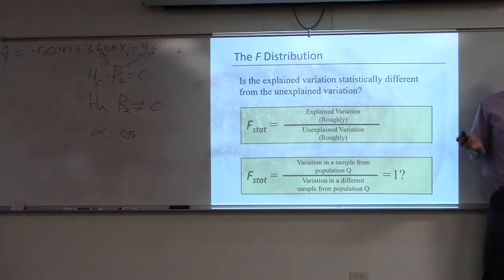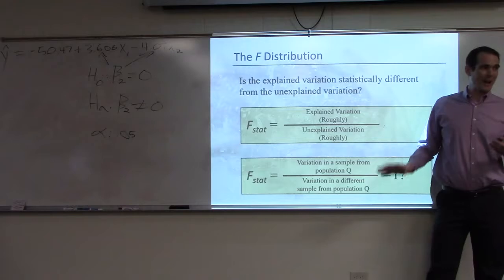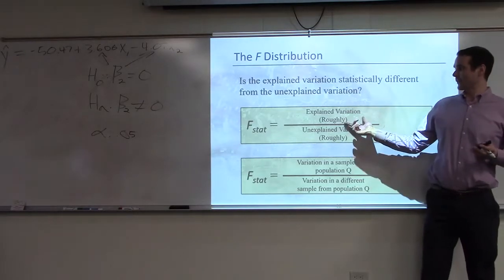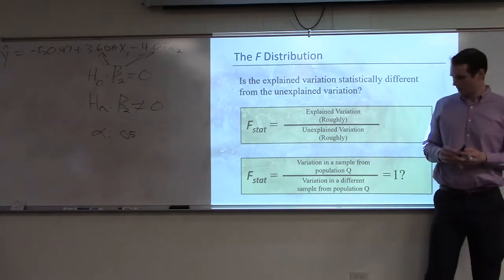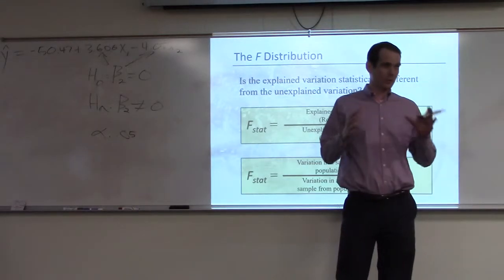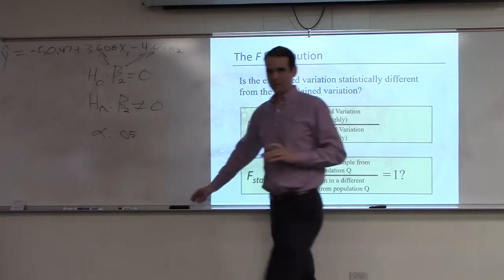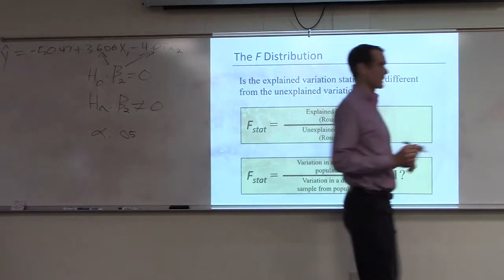And we'll look at a frequency distribution, the F-distribution, which will tell us how likely it is to have an F-stat of, say, 10, assuming that there is no useful predictive ability in this equation. And how we'll do that, I'll actually write over here.